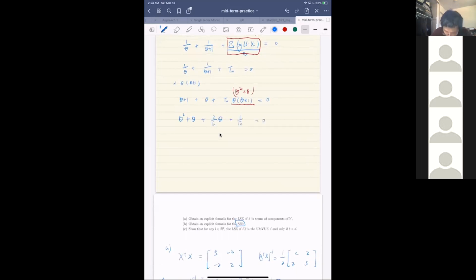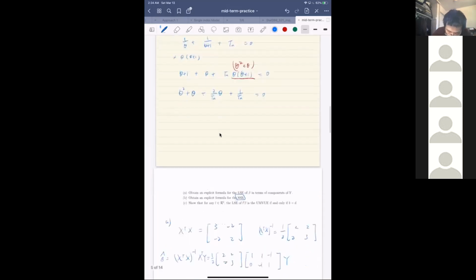I divided by Tn on both sides. So this is equal to 2 theta plus 1, theta.